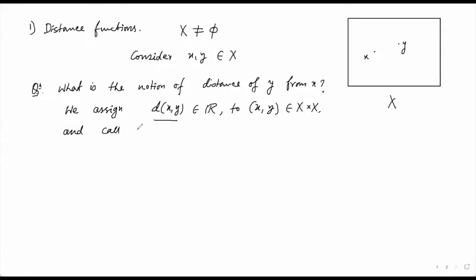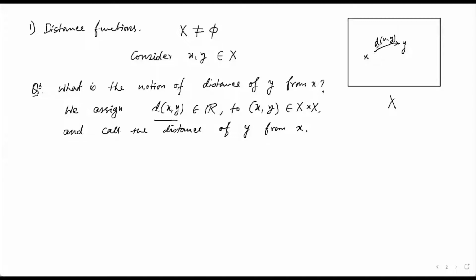the distance of y from x. So this is x and this is y. So we put an arrow, and this is d(x, y).